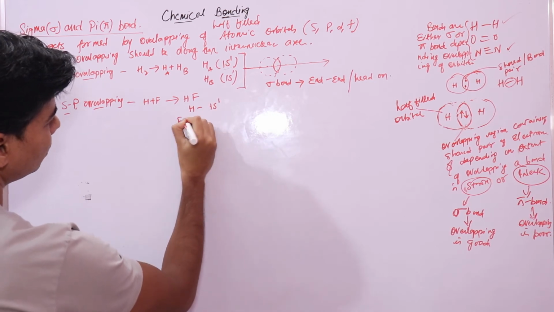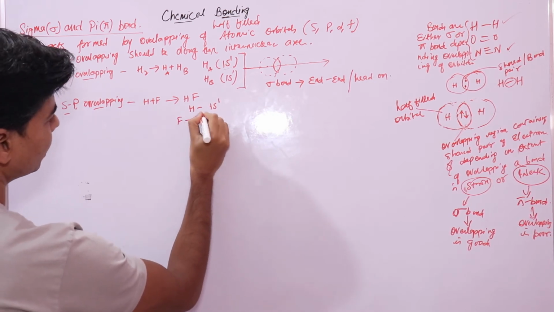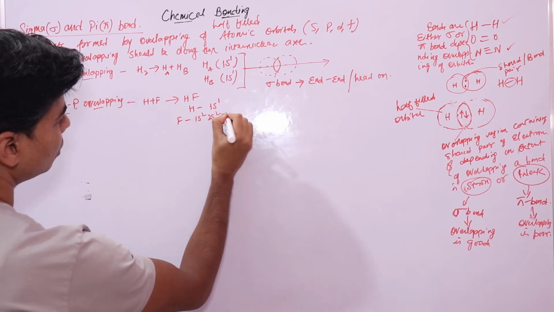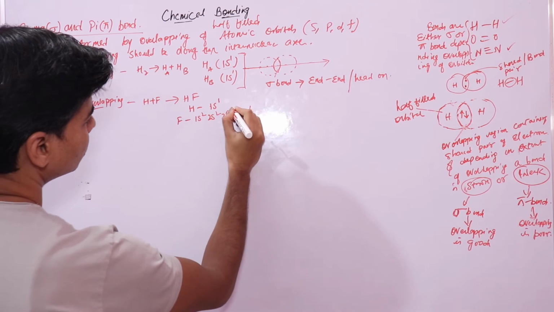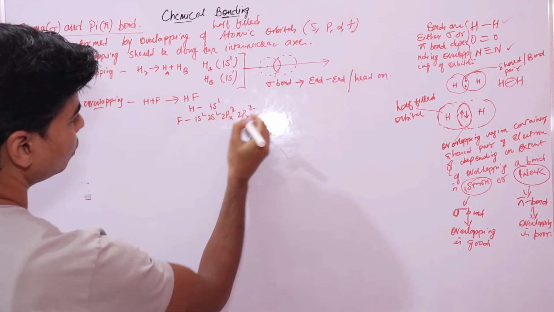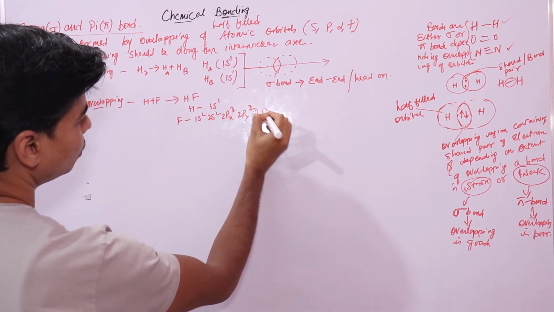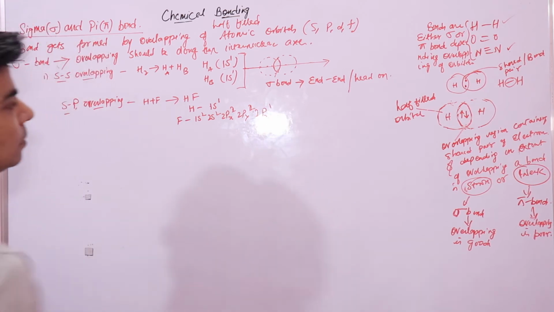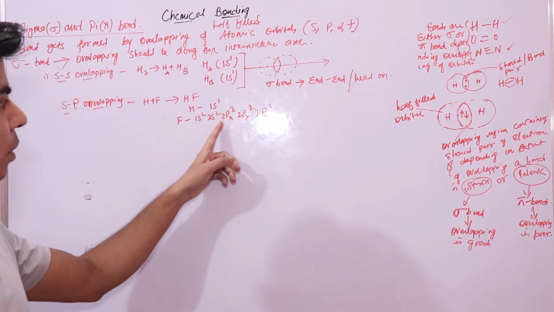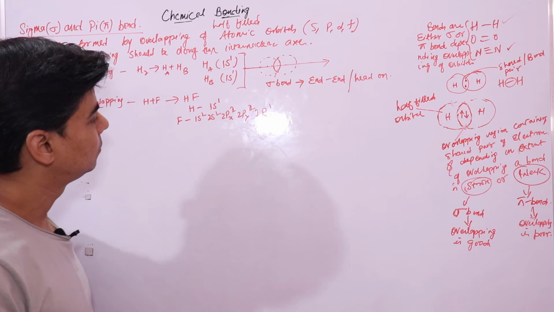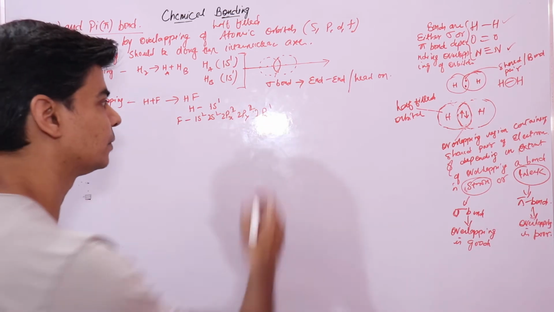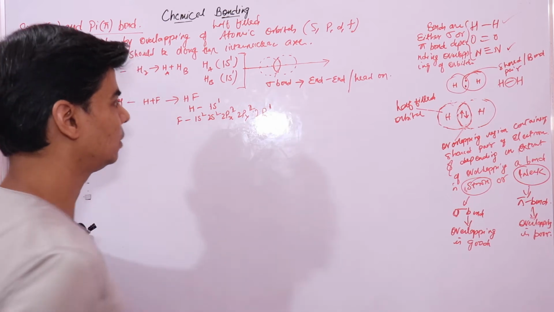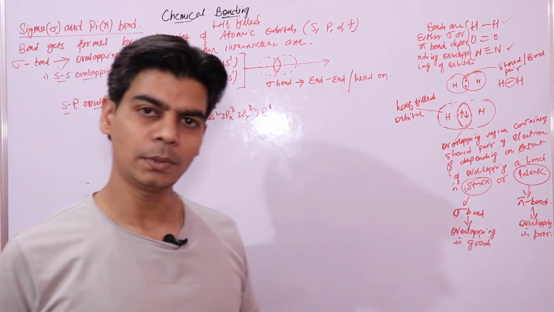For fluorine, the electronic configuration is 1s2, 2s2, 2px2, 2py2, 2pz1, right?